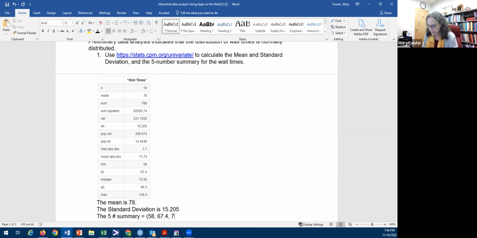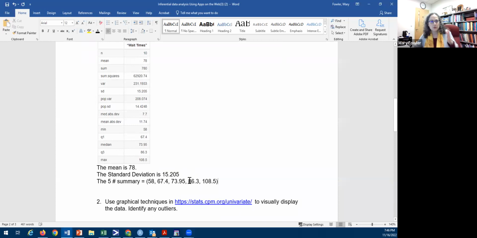Q2 is 73.95. Q3 is 86.3. And the maximum is 108.5. Okay, so that's what we need for the first problem. We have a screenshot of our output from the applet and then the direct response to the questions that were asked.